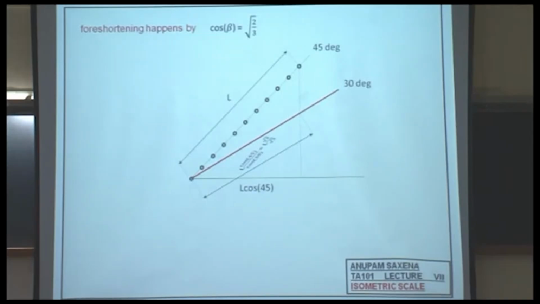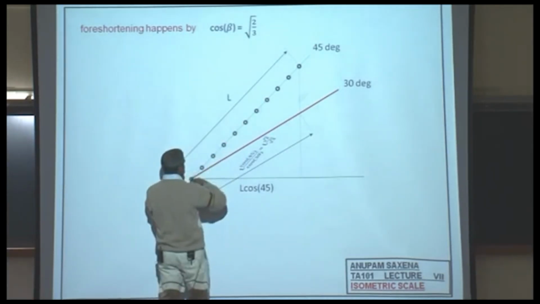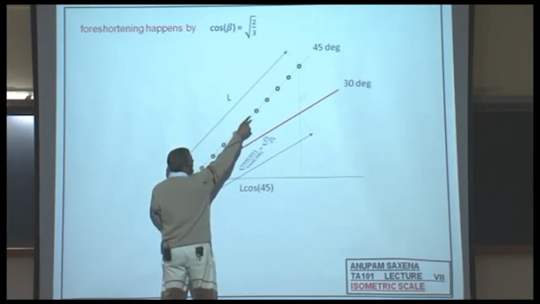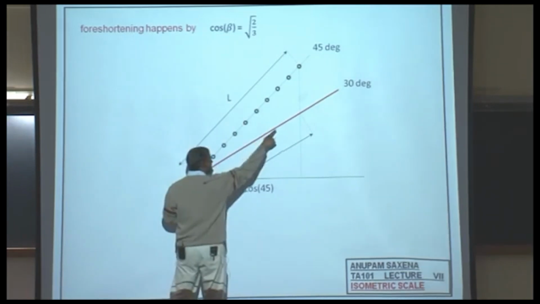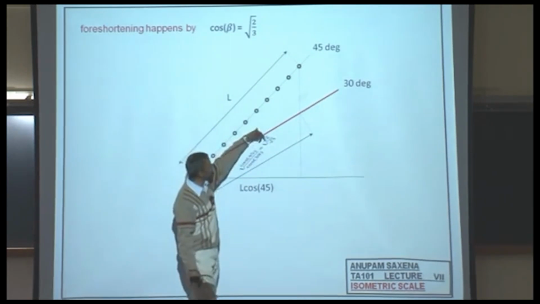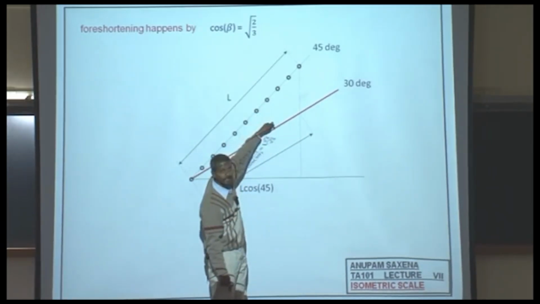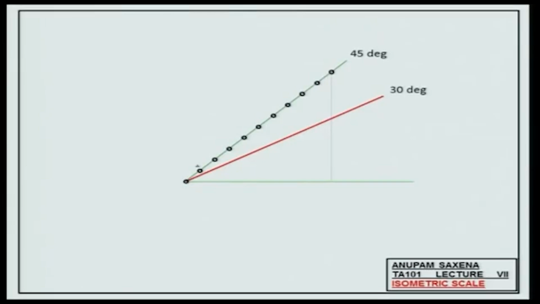So in effect, what's happening is that you are scaling the lengths on the 45-degree line by root 2 over root 3, if you are taking vertical projections of those points on the 45-degree line on this red line.